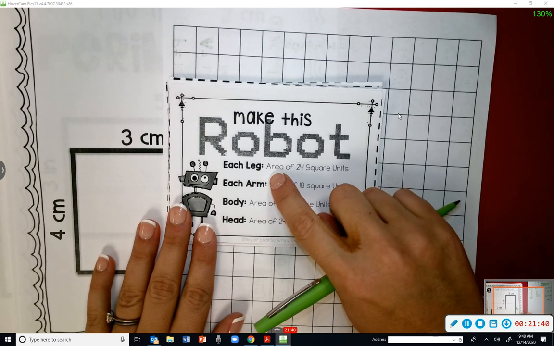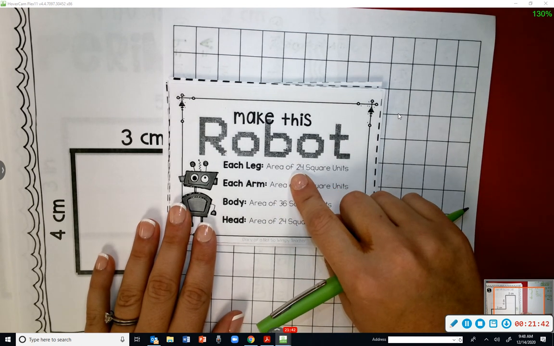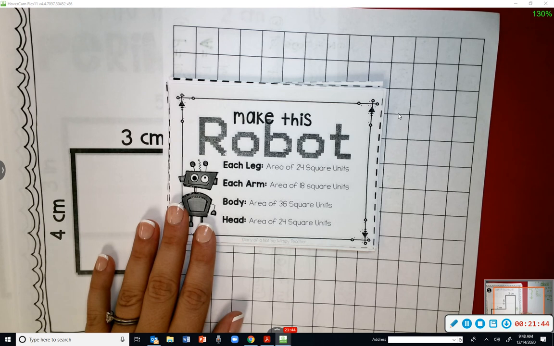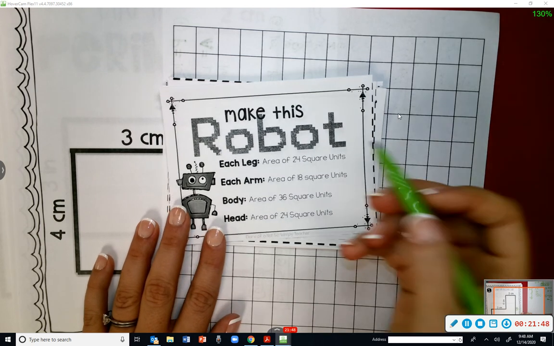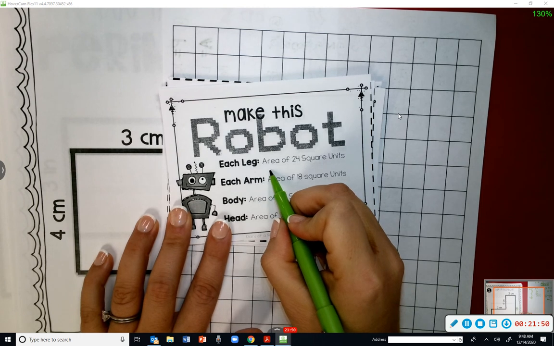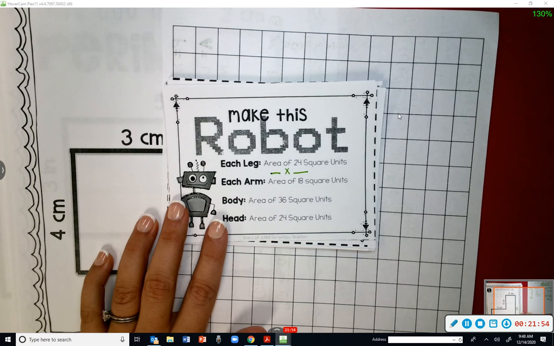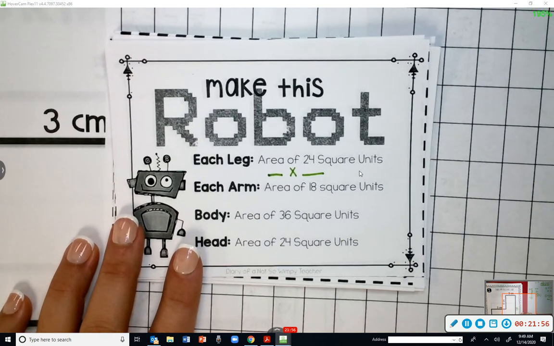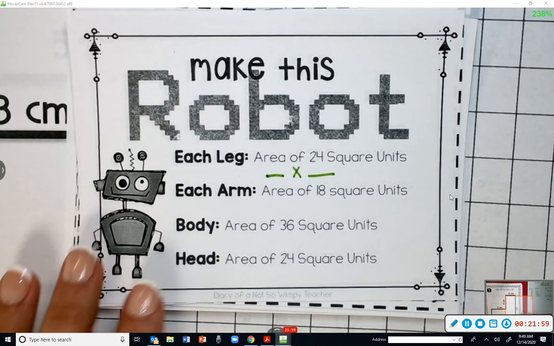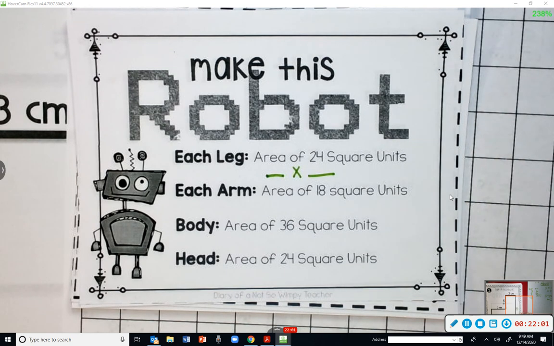Okay? So for the leg, it says an area of 24 square units. That means I need to know, since it's length times width, what two numbers are going to multiply to get 24. Well, there's more than one way to get 24, right? I could do 12 times 2.